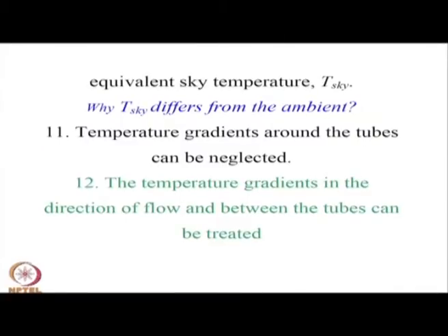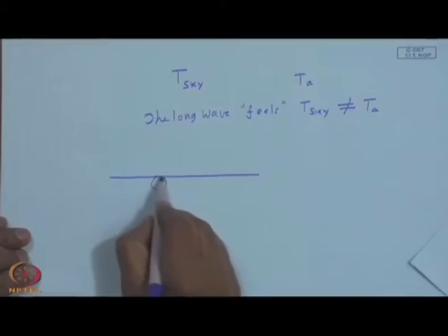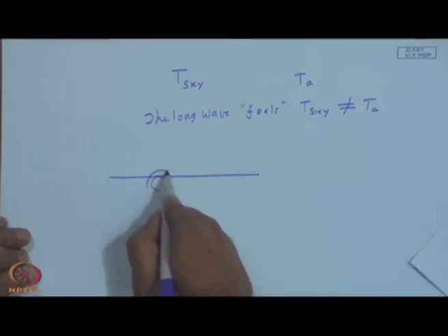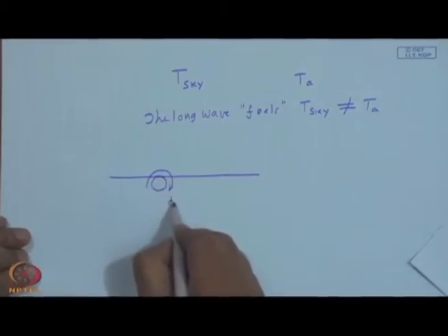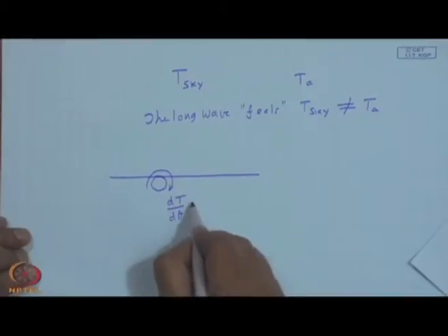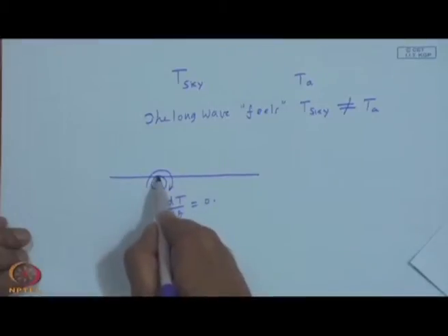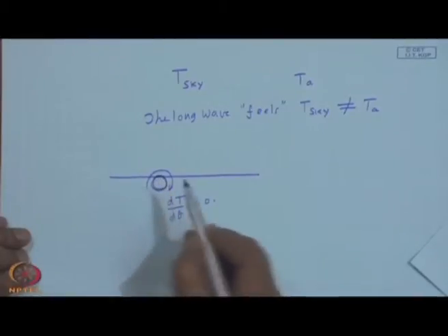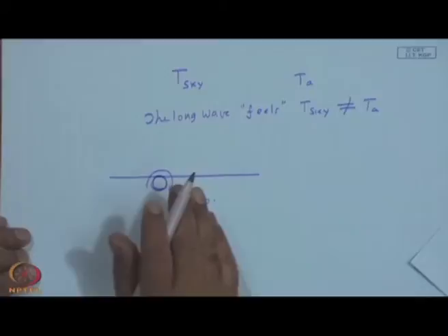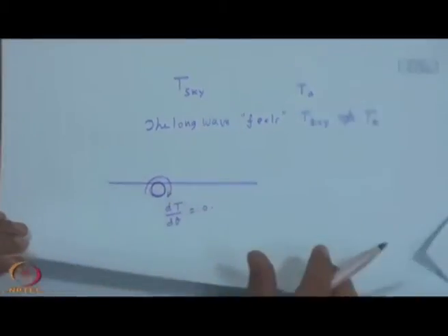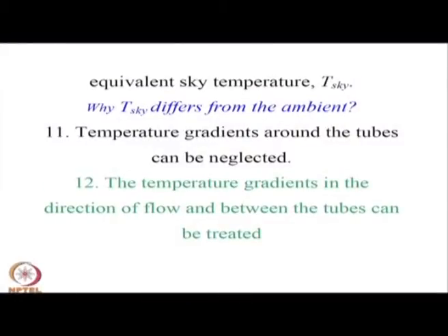Now, in this type of analysis, we do not worry about dT d theta. dT d theta is 0. It does not change in the peripheral direction of the particular tube. So, the entire tube is at uniform temperature. Now, this is one very significant feature.